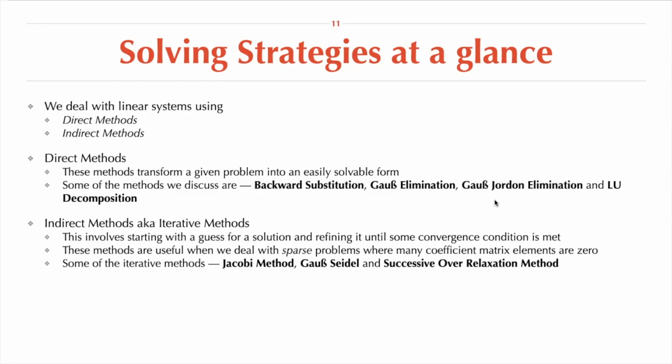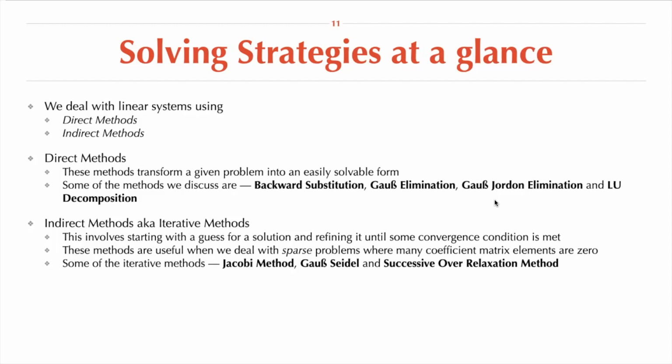So these are the direct methods in which you modify the system at hand, but there are also indirect methods in which you start with a guessed solution and then you try to improve it over the iterations. These methods are usually applicable for banded matrices, where most of the elements of the matrix are 0.